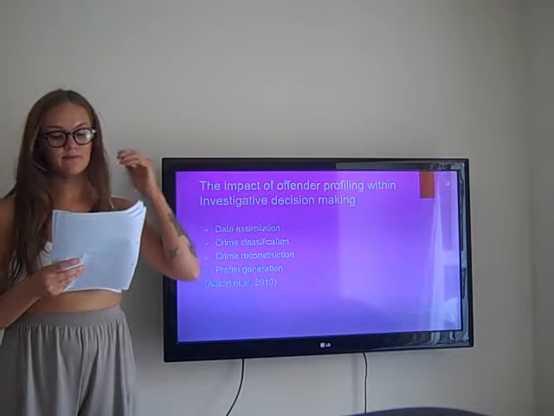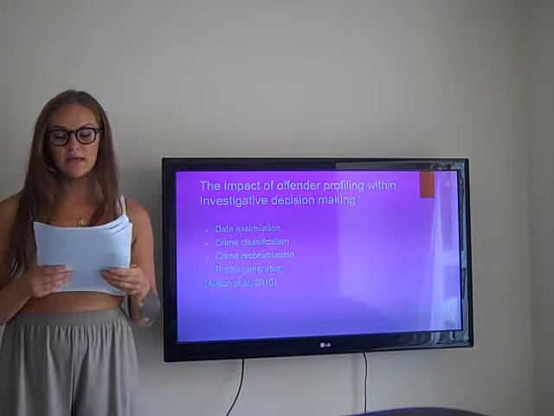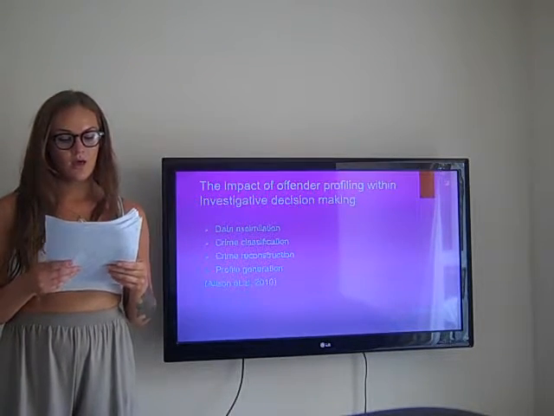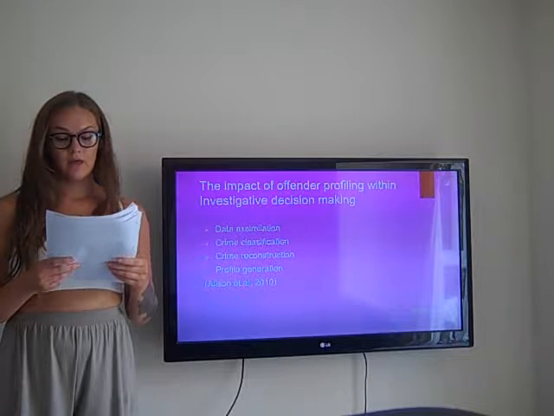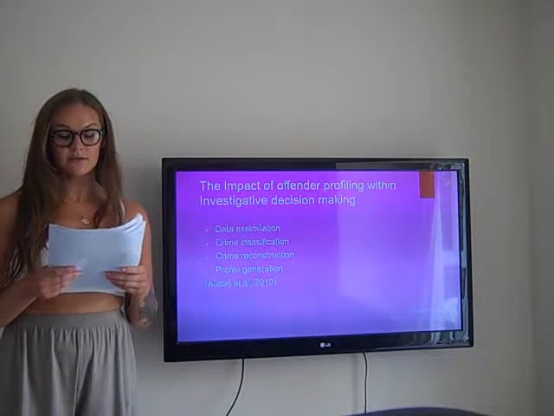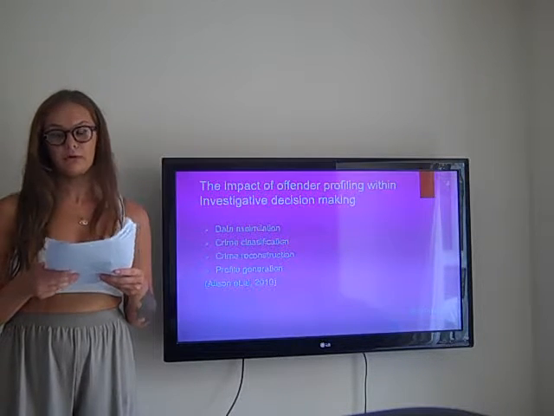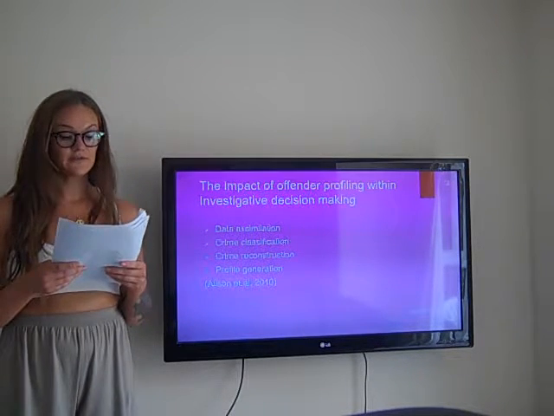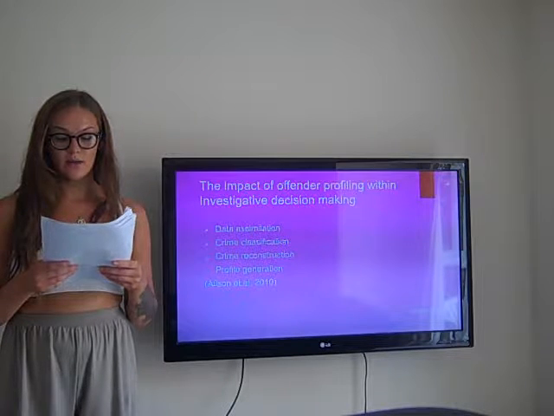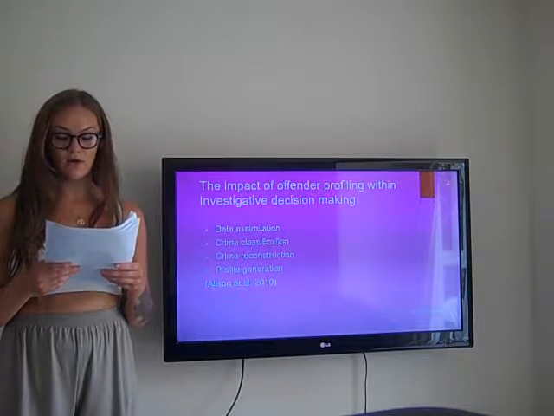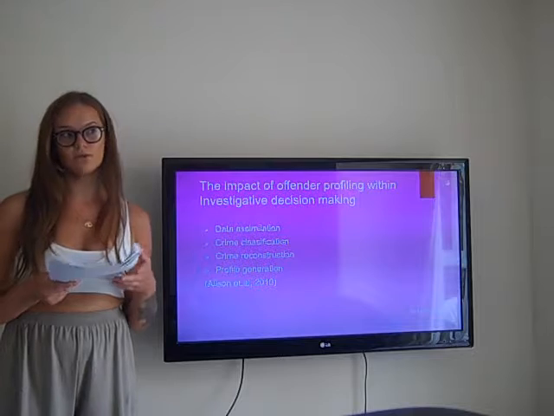Offender profiling has an impact on the way investigative decision-making is acted upon. Data assimilation is the way in which potential suspects are identified and how they are narrowed down from the police reports. In crime classification, offender profilers decide whether the crime scene in question is an organised or a disorganised one.